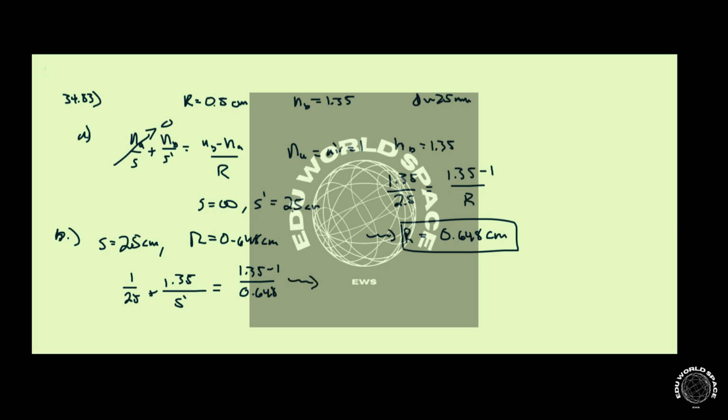Awesome. Let's rearrange. We should have S prime equals 1.93 centimeters. Sorry, that was completely not the right number. So let's go ahead and write that out. S prime is going to be 1.35 minus 1 over 0.648 minus 1 over 25, inverted, times 1.35.